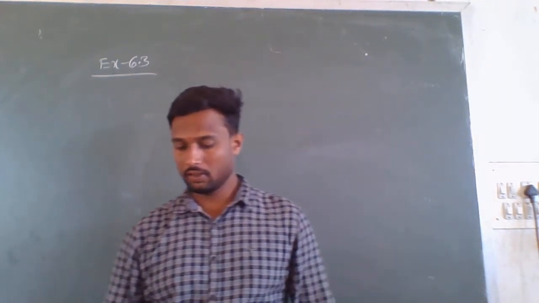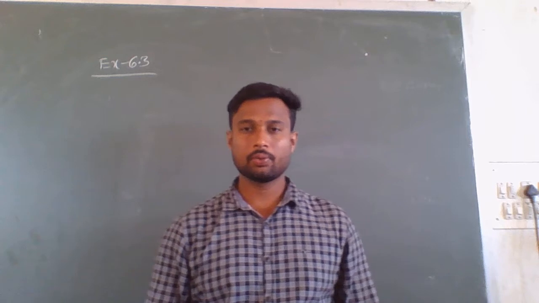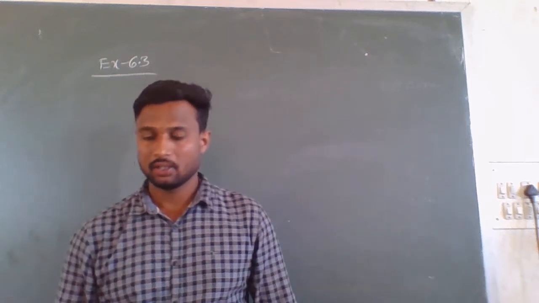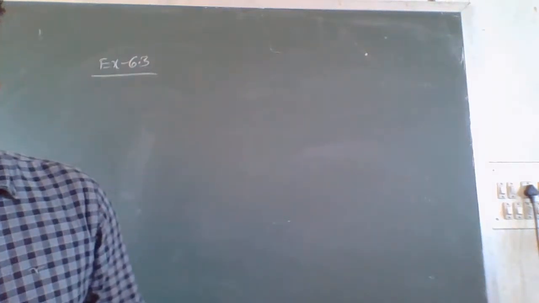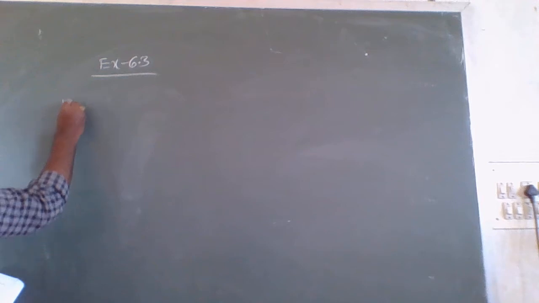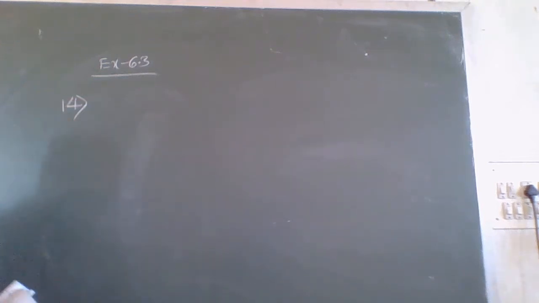Today I will continue with the 14th problem of exercise 6.3. Here in the 14th problem, they have not given any diagram. Sides AB and AC and median AD of a triangle ABC.